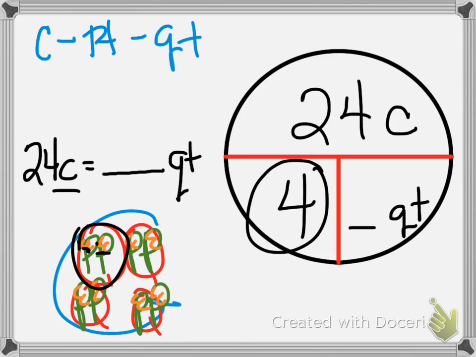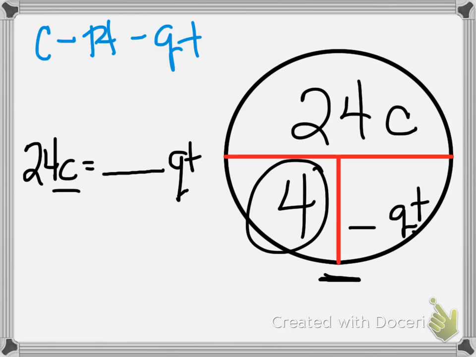Now if I want to know how many quarts is 24 cups, I'll do another operation. If I look at what I have here in my circle, notice they're not side by side, but they're on top of each other. So let me make a little more space right here so I can show you what that looks like if I pull it out. I'm going to have 24 over 4.